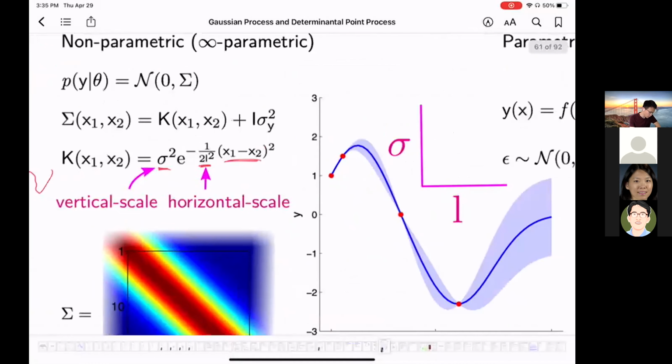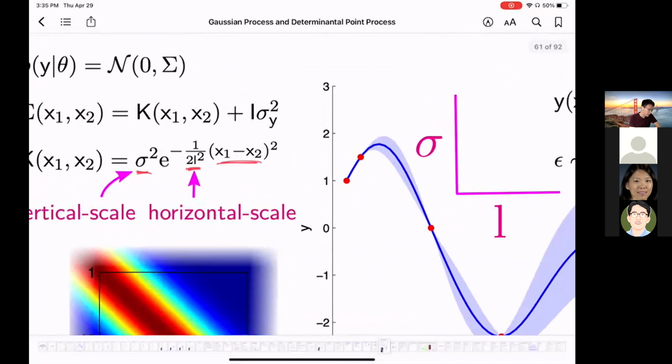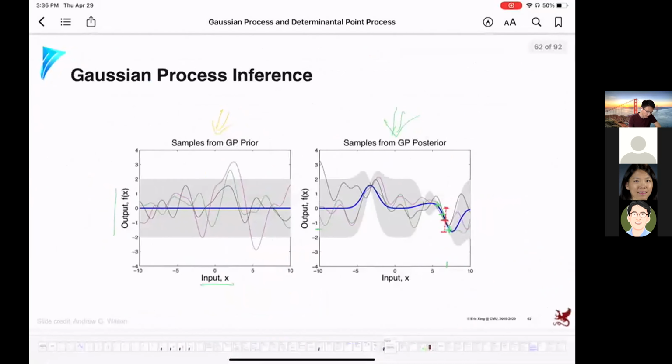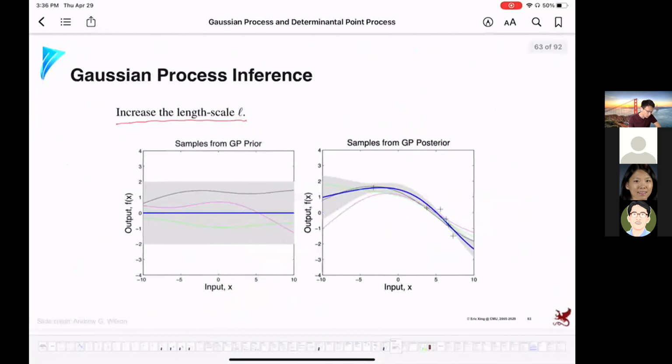If we look at the formula here, if L becomes very large, even if x1 and x2 are very far away from each other, we can still have an influence between these two data points. When L is small, things are more oscillating. When L is large, things are smoother. And if we change the kernel function completely, we can use that new model to model other data distributions.